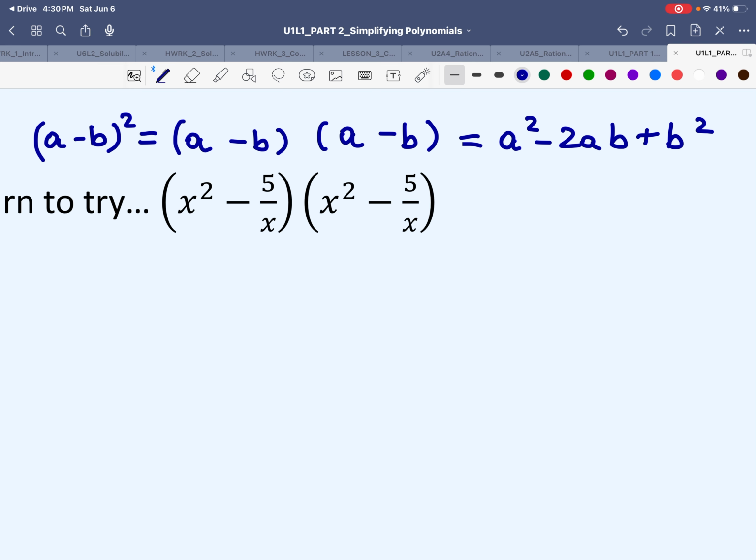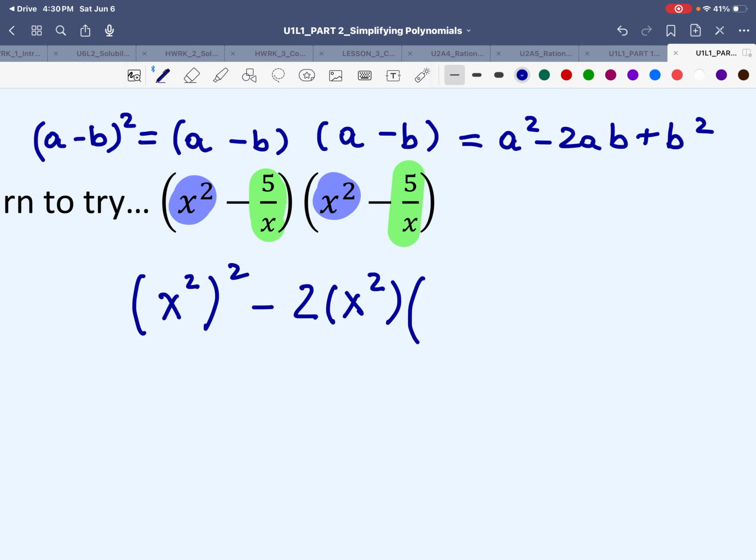So what that means is that this is going to be our a term, and this is going to be our b term. And we have x squared to the power of 2, the a term, minus twice the product of x squared with 5 over x, and then plus 5 over x to the power of 2.